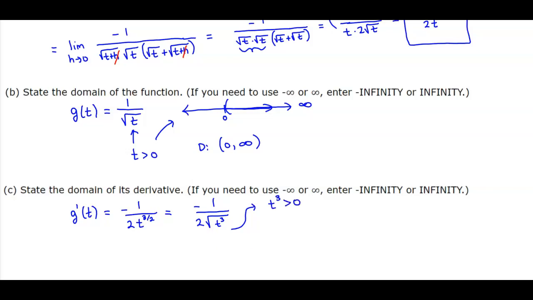If we cube both sides, or we can raise each side of the inequality to the 1/3 power, we end up having t greater than 0, and therefore we end up getting the same result as the previous one. That means the domain is also going to go from 0 to infinity, but we cannot include 0.